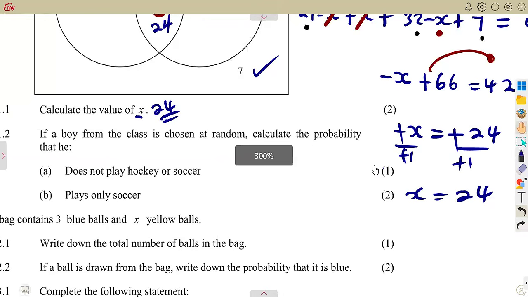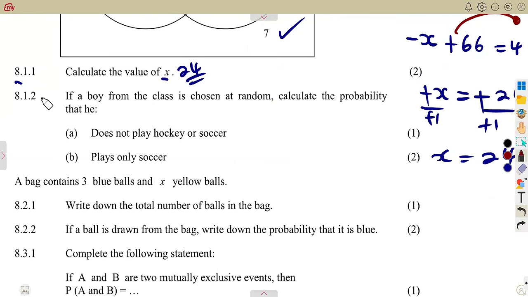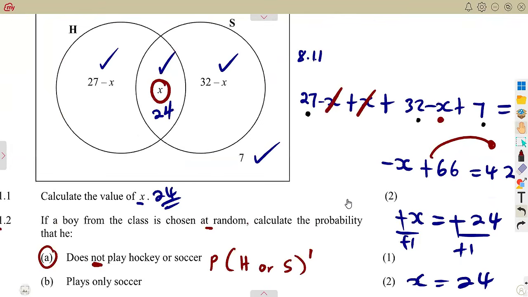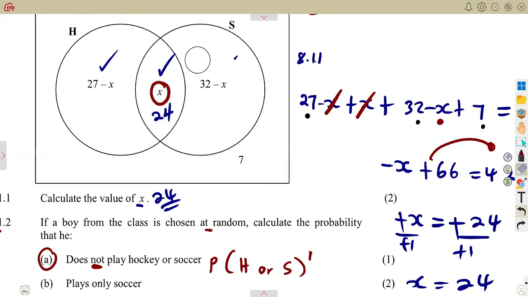Then on 8.12, as a continuation from this same diagram, you're saying if a boy from the class is chosen at random, calculate the probability that he, A, does not play hockey or soccer. This is the probability of the section of hockey or soccer complement, not part of hockey or soccer, meaning we're talking of those that are outside of these two sets.